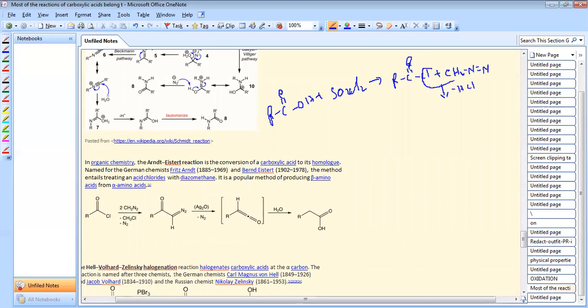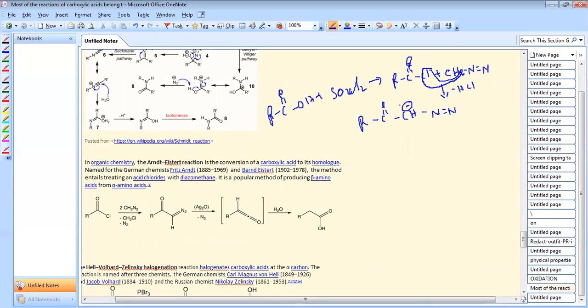The Cl and one of the hydrogens will be eliminated, so we get RCH2 here, and this part will get the negative charge.